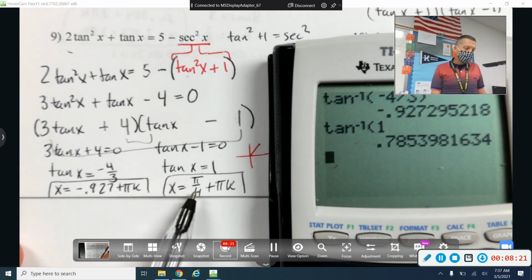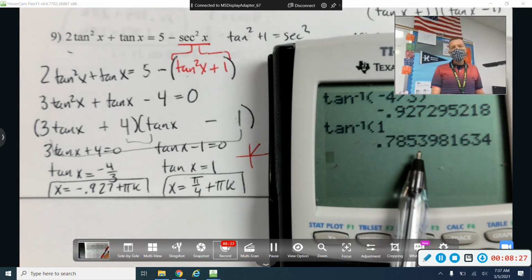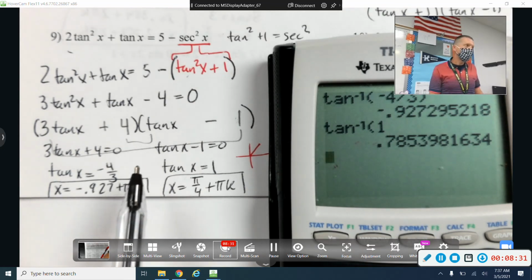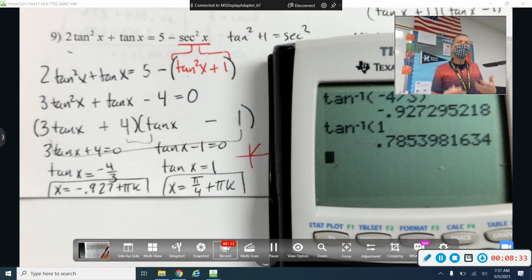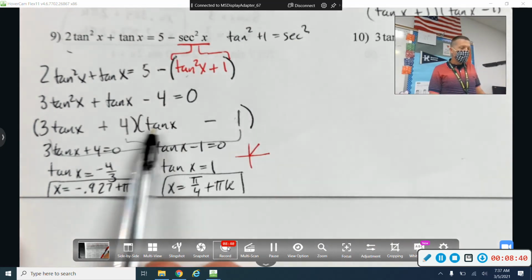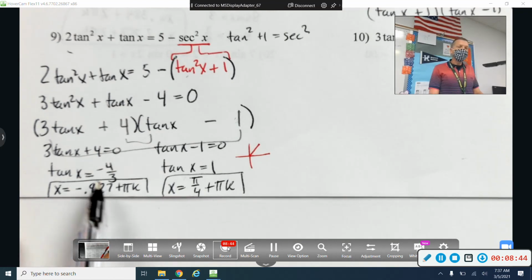And so the best answer would be pi over 4. If you write 0.785, you're not wrong, but you're not as precise as pi over 4. So you're going to have to be careful on the calculator section. It could still have unit circle type answers on there, and we'll expect you to use the unit circle when possible. If there's not a nice unit circle answer on there, then you have to use your calculator.